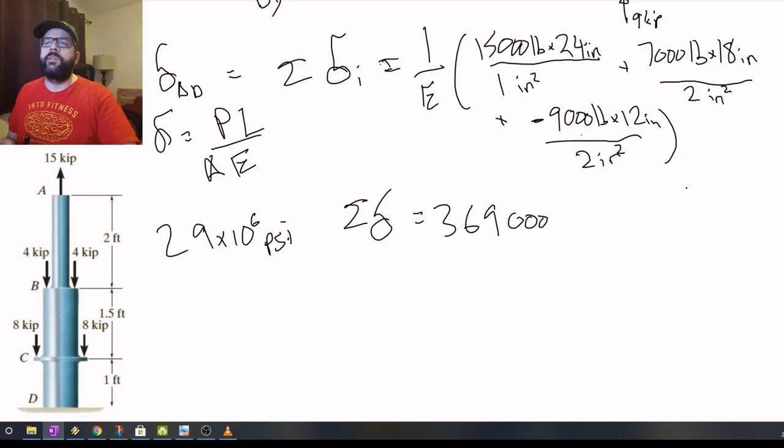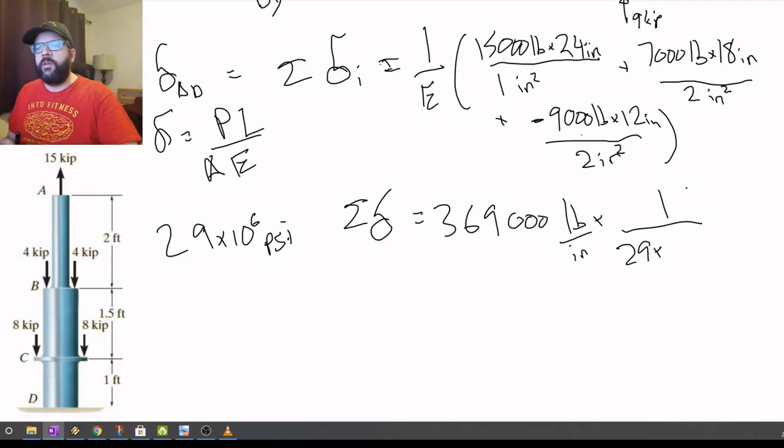So the units there, they'll be pounds, inches divided by inches squared. So that'll be pounds per inch. And then multiply that out by the 1 over E, 29 times 10 to the 6 pounds per square inch.